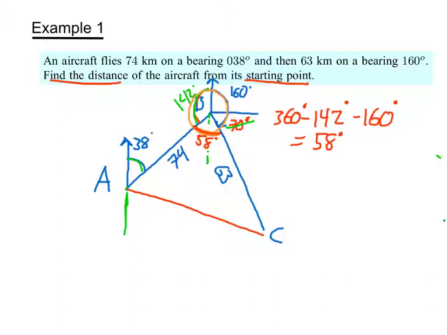Well, now I know two sides and the included angle in a triangle, which means I can find the third side, which in this case is side b.